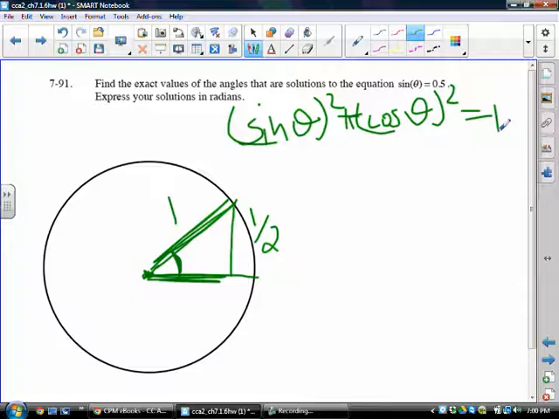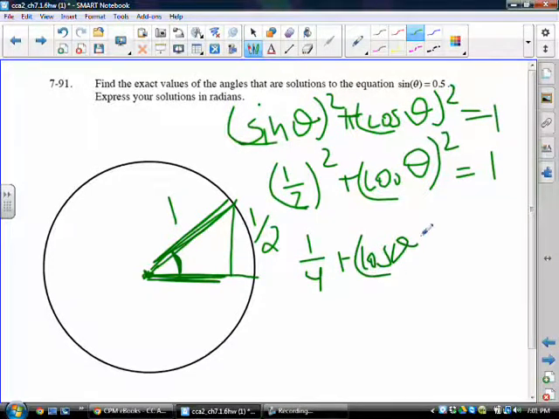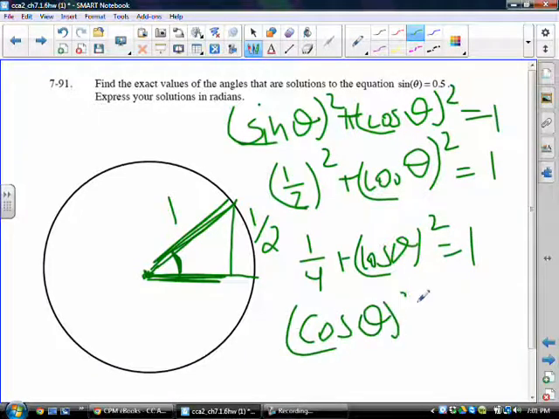Sine of theta was 1/2, and we square it, plus cosine of theta, my horizontal distance I don't know, equals 1. If I take 1/2 and square it, I get 1/4, plus cosine of theta squared equals 1. I subtract that, and I get cosine of theta squared equals 3/4.